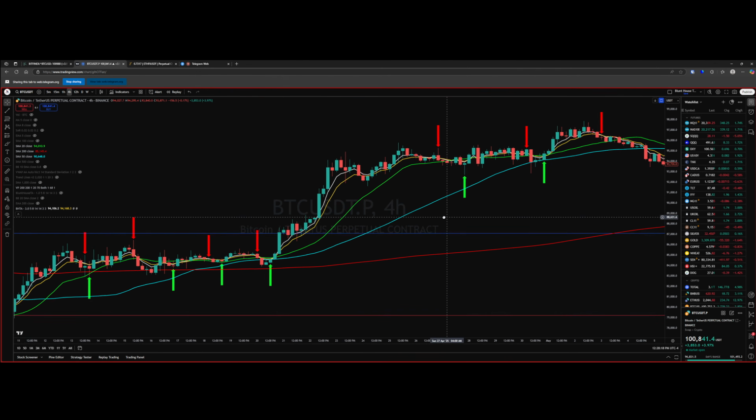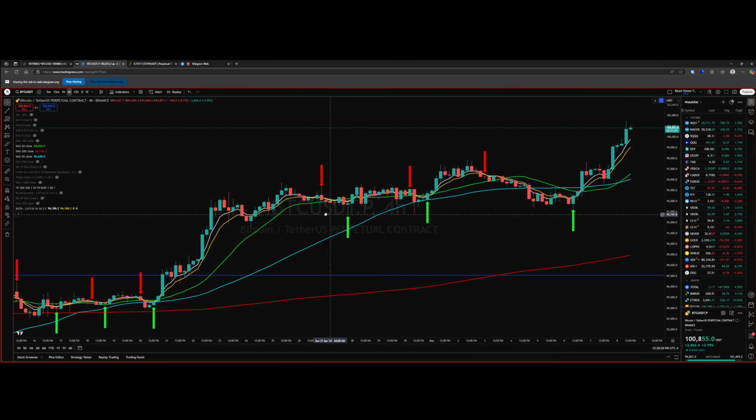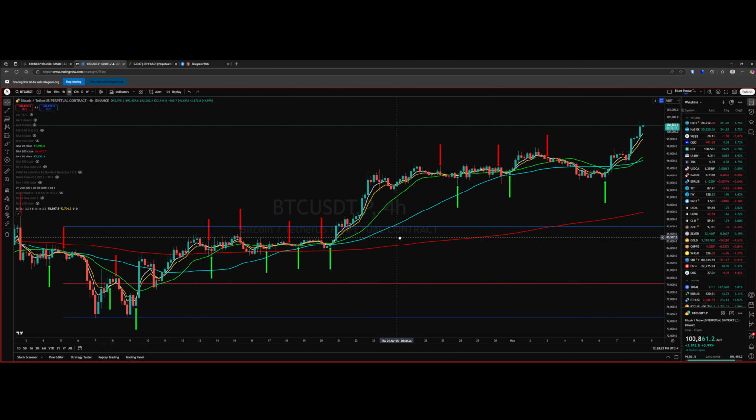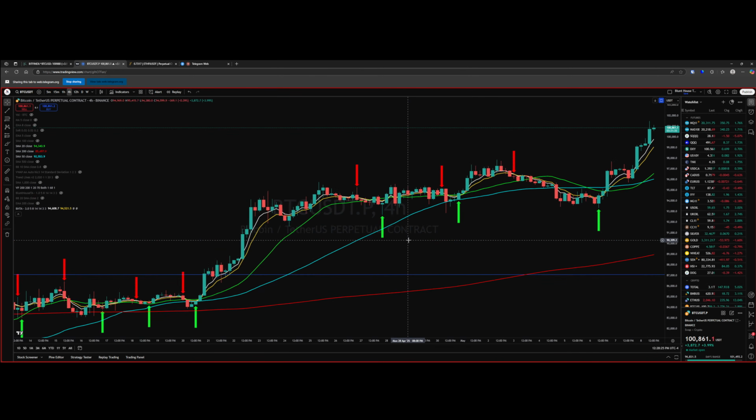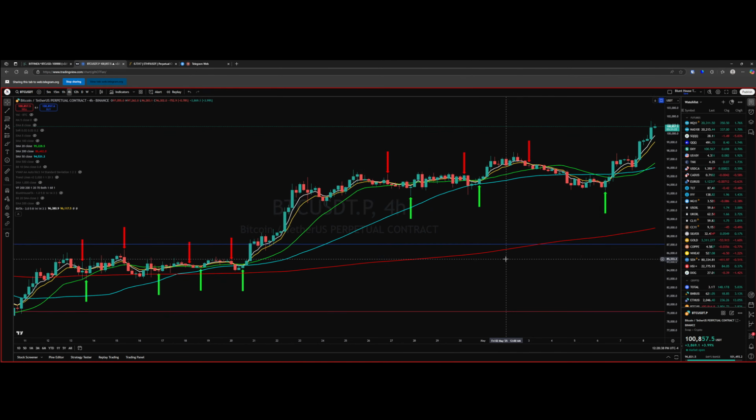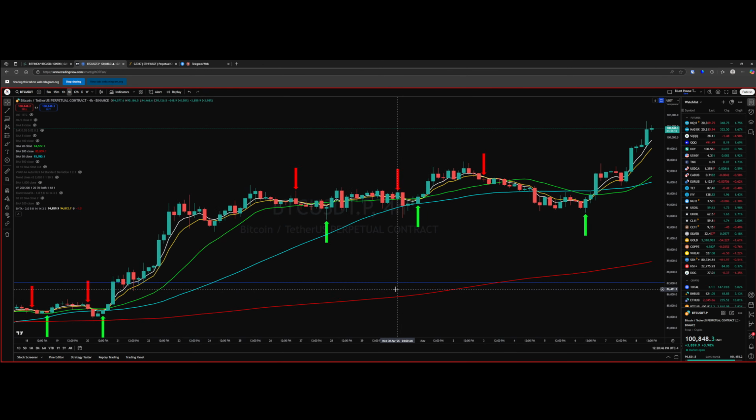Now, if you weren't looking at the 4 hour as well as the shorter time frames, maybe you would have exited the trade because you would have got a little panicky when you would see those moves on that one time frame alone. This is why we use multiple time frames, so that we can catch these things. And then once we're in them, stay in them for the proper amount of time.